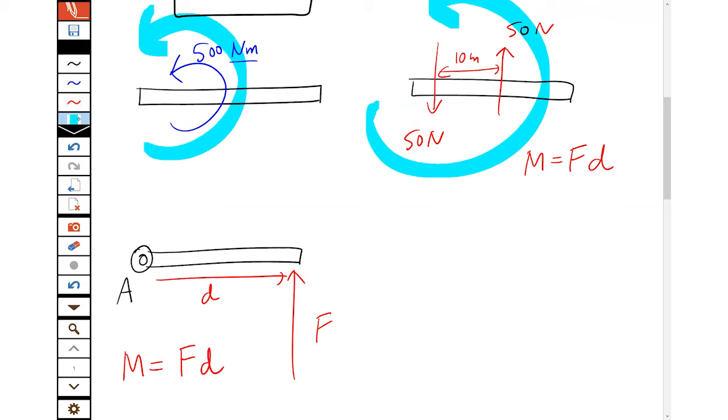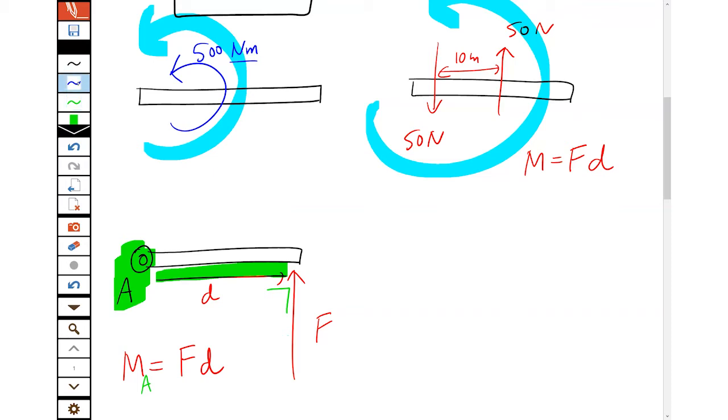Now notice something important there. We had a specified point here, so we have to be alert to that. This is the moment around a point. The moment around A is equal to the force times the perpendicular distance from that force. It's perpendicular, because that's the shortest possible distance.